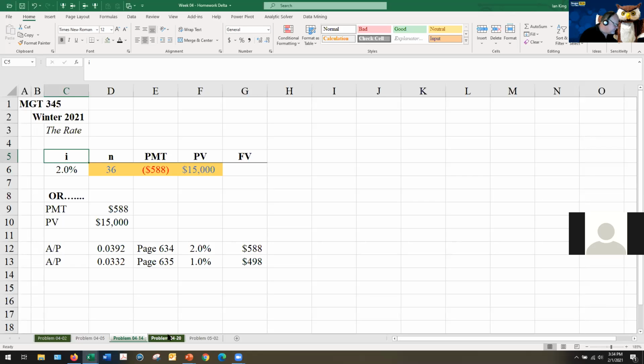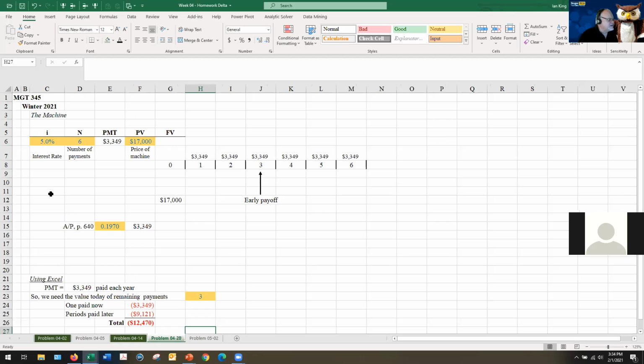Beginning 1 year after the date of purchase, which we always assume unless otherwise stated: you get the money today, and paying it back starts 1 year, or one time period, after. The annual interest rate is 5%, and this is the tricky part where logic comes in. Immediately after the second payment, the terms of the agreement are changed to allow the balance due to be paid off in a single payment next year. What is the final single payment?